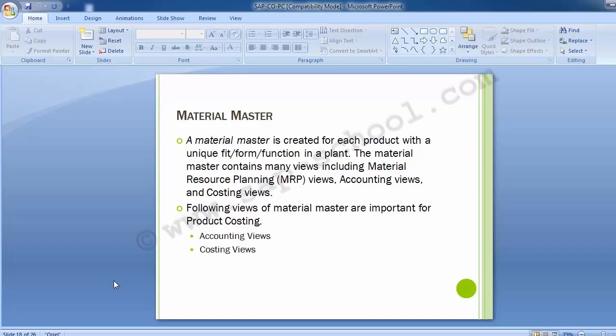In that, the special procurement key further designates if a material is subcontracted, purchased from another plant, etc. It is important that these two fields, that is procurement type and special procurement type, are correct when costing a material. So these costing views need to be checked and maintained properly before going for a costing run.